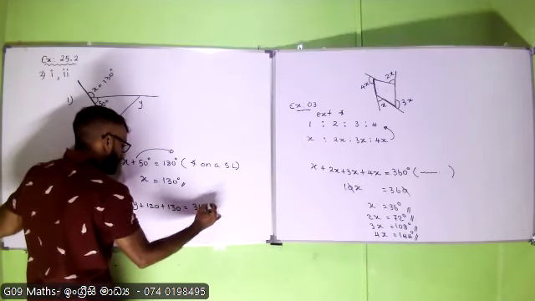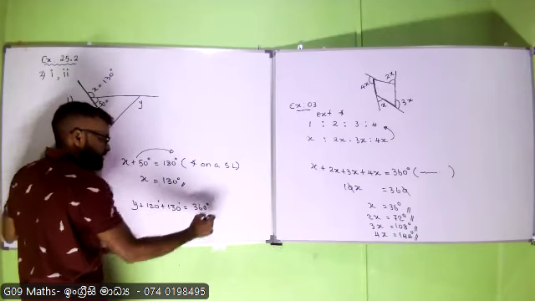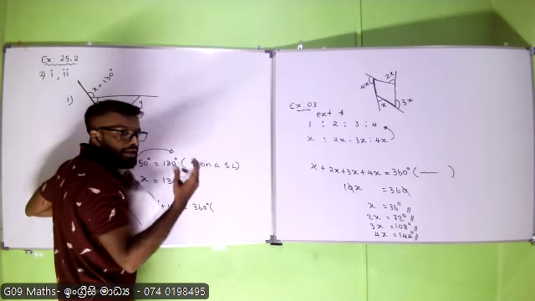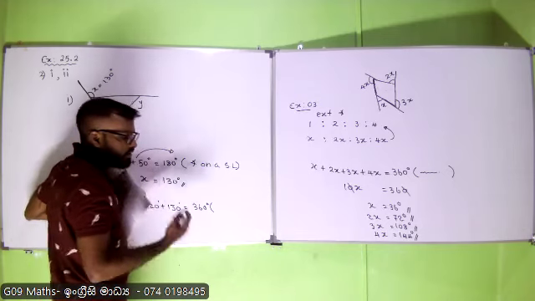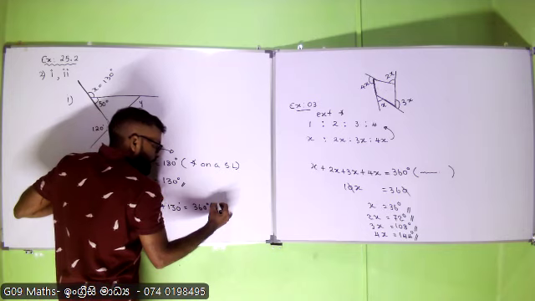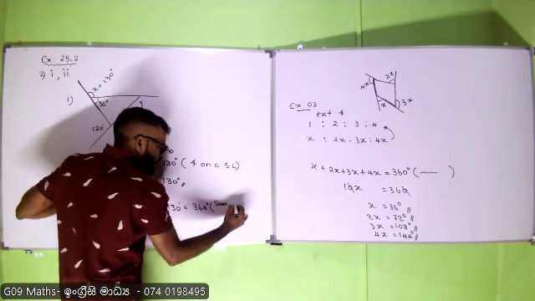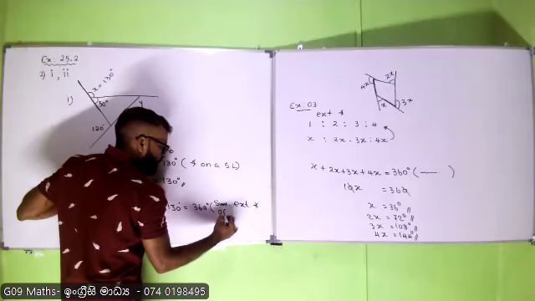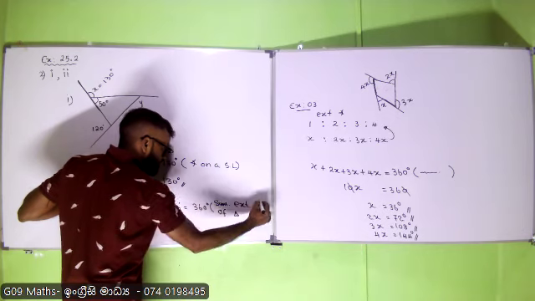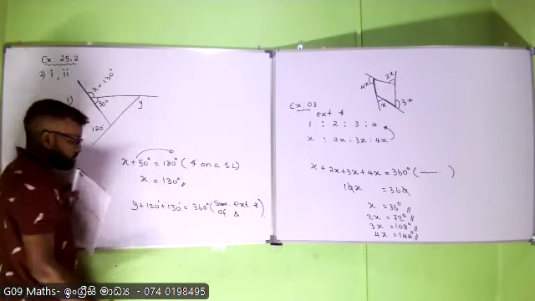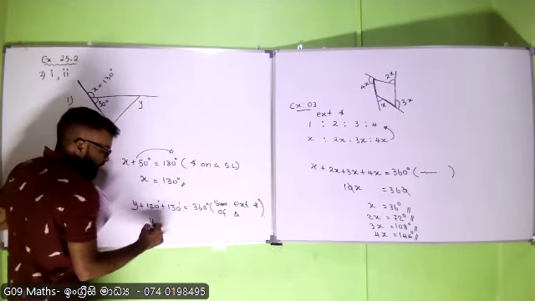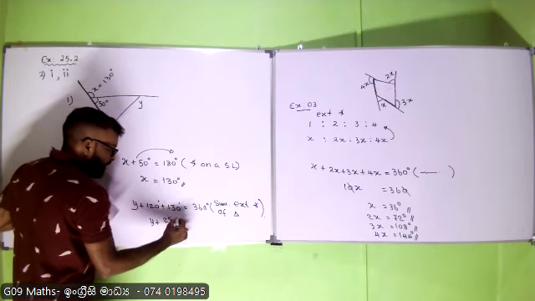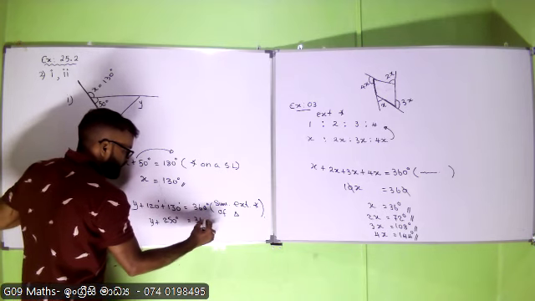What is the reason? You guys need to tell the reason to yourself. The summation of exterior angles of a polygon or triangle, whatever. So y plus 250 degrees equals 360.